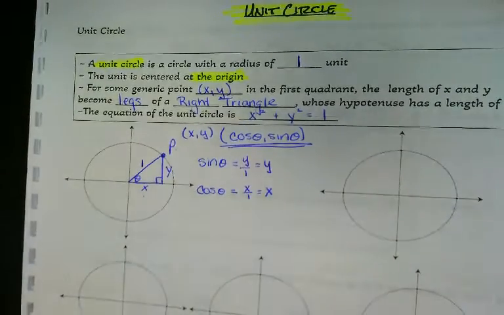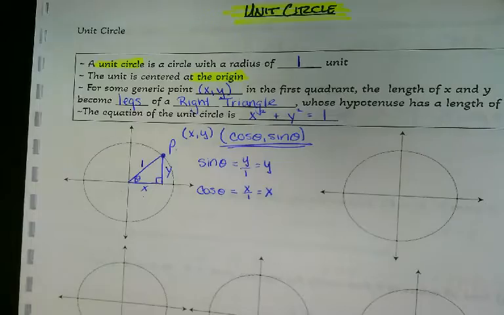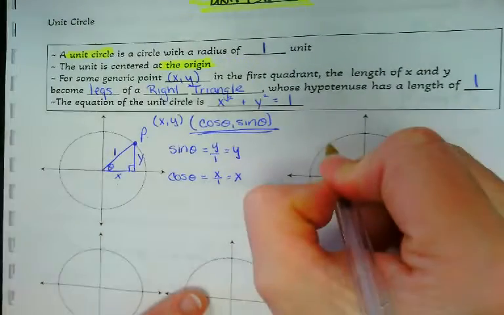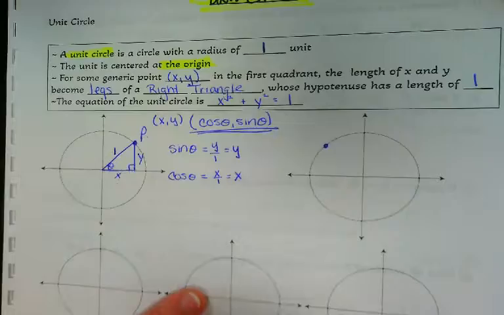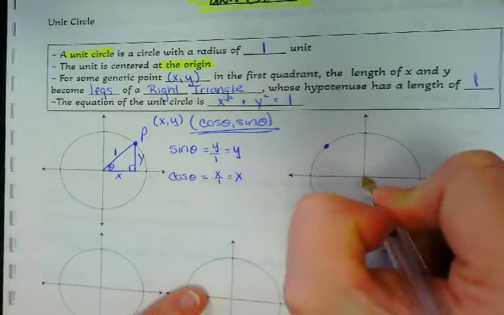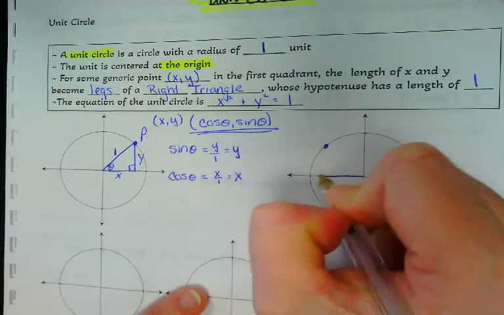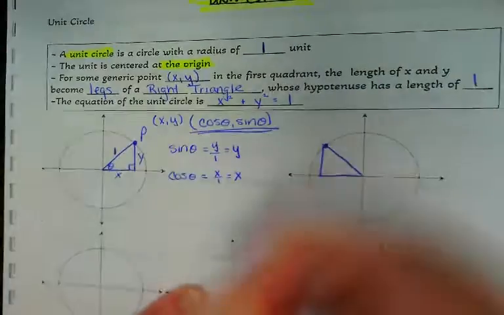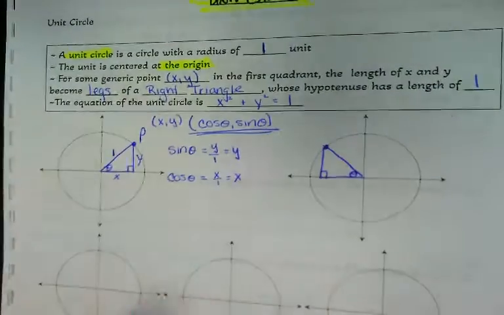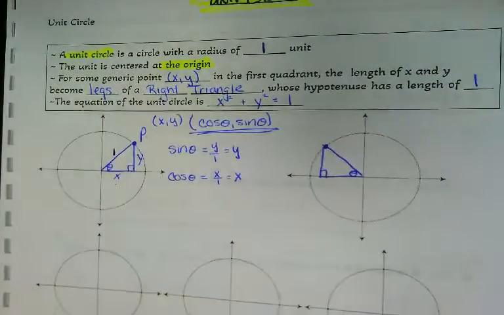Okay, so Dree says, well, how about another quadrant? Is this the same every place? I don't know. Let's put a point here. Okay. Let's draw our triangle. So we're going to go out to the left. And we're going to go up, and we're going to make that right triangle, centered at the origin. Now think about this.